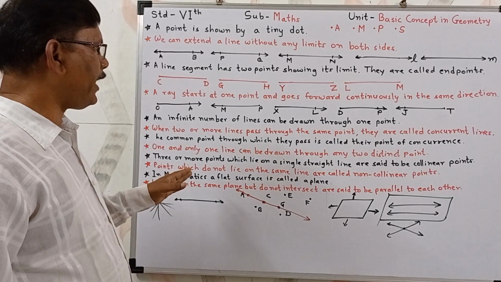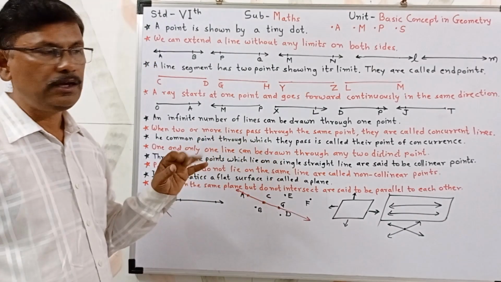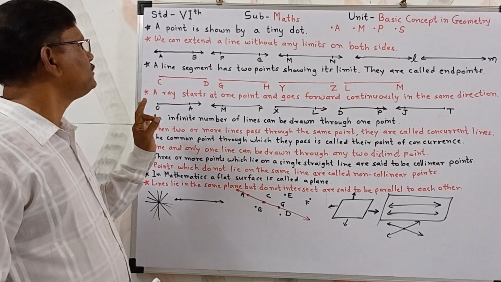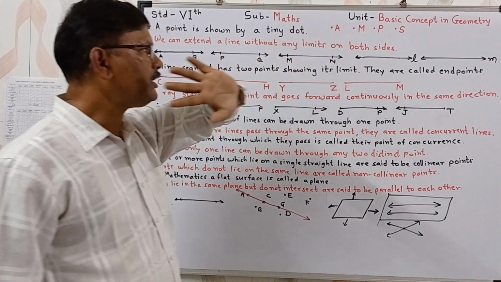So what we learned today are the basic concepts in geometry. First, a point, which is shown by a tiny dot.